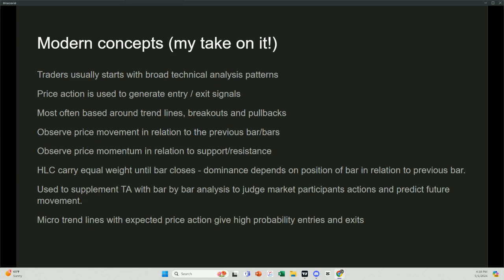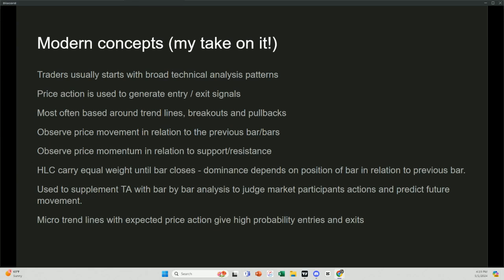And really, it's used to supplement technical analysis with this bar by bar analysis. The key point about price action is you're trying to judge what everybody's doing, what their actions are, and what the next bar is going to look like. That's ultimately the aim of it.